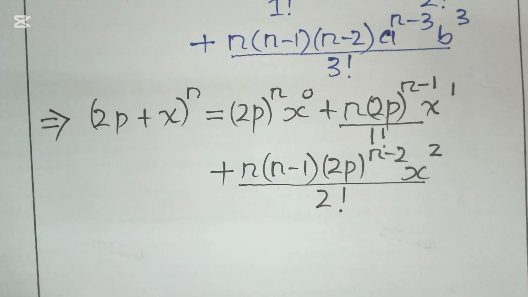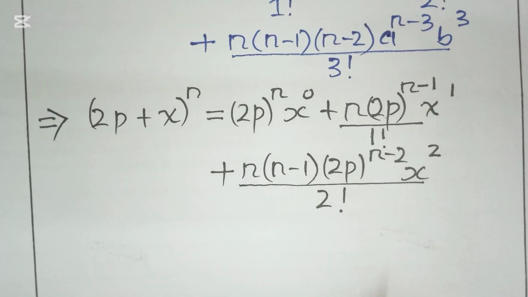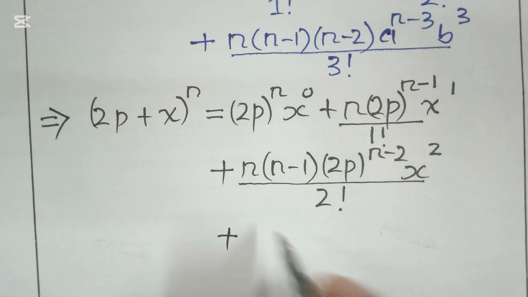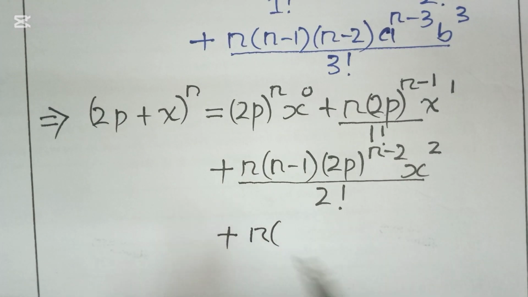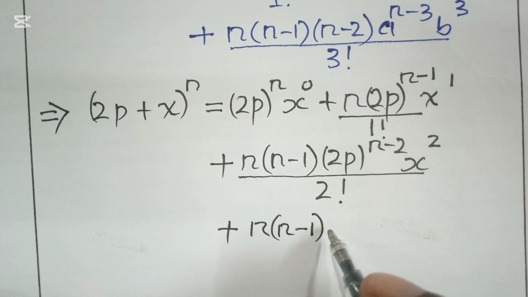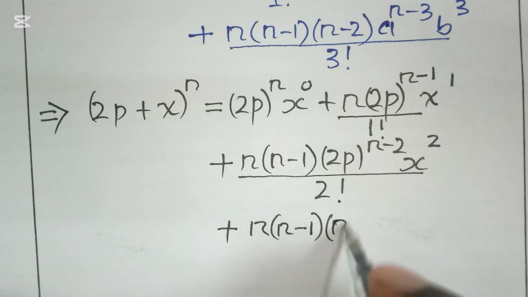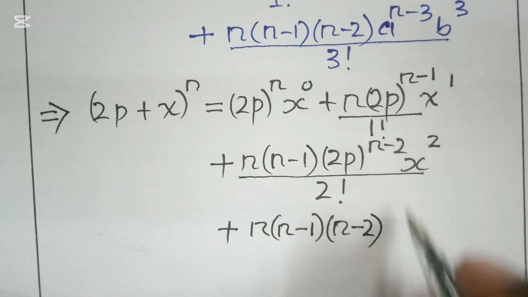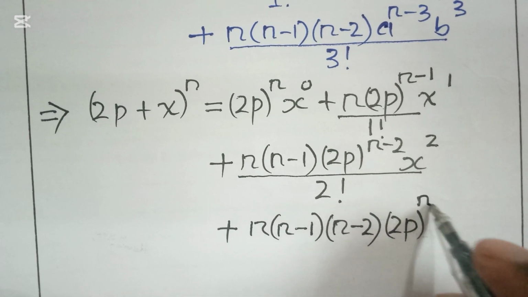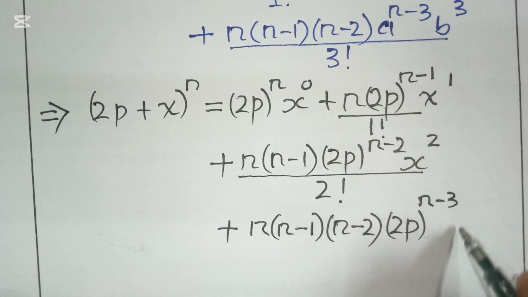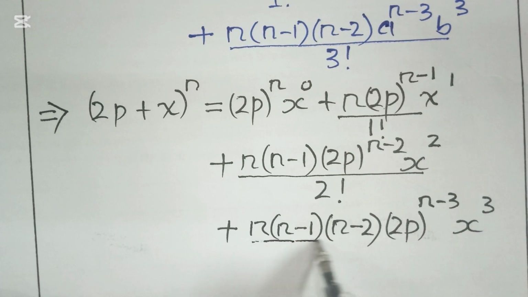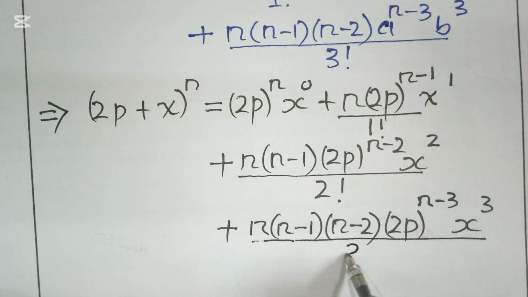Again guys, now we come to the coefficient of x cubed. That is another plus n(n minus 1)(n minus 2)(2p) raised to n minus 3, x cubed, all over 3 factorial.